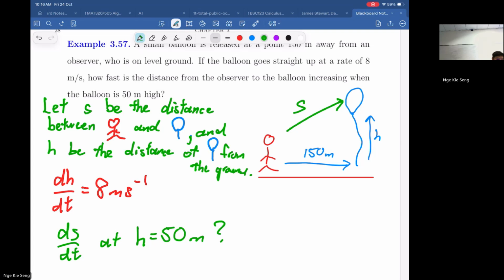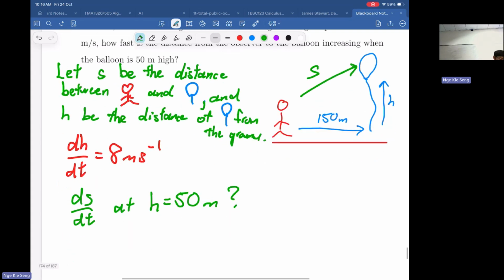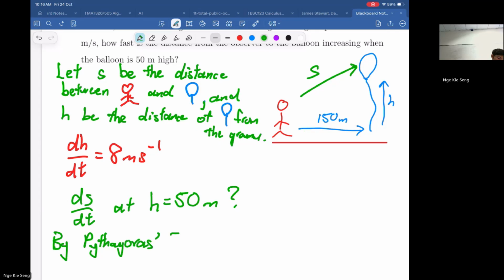By Pythagoras theorem, h squared plus 150 squared is s squared.